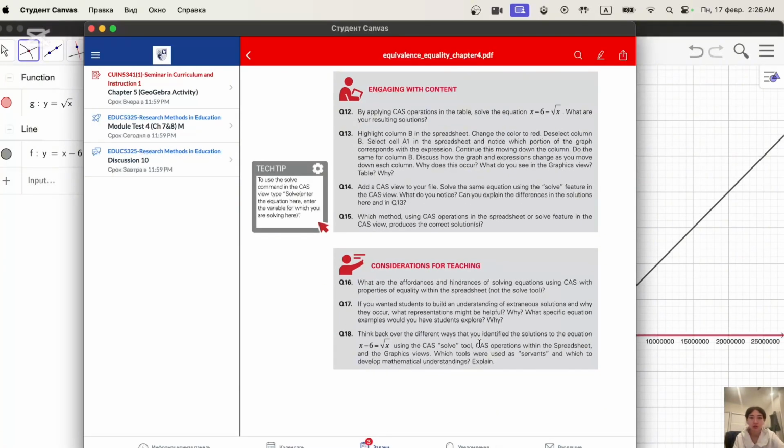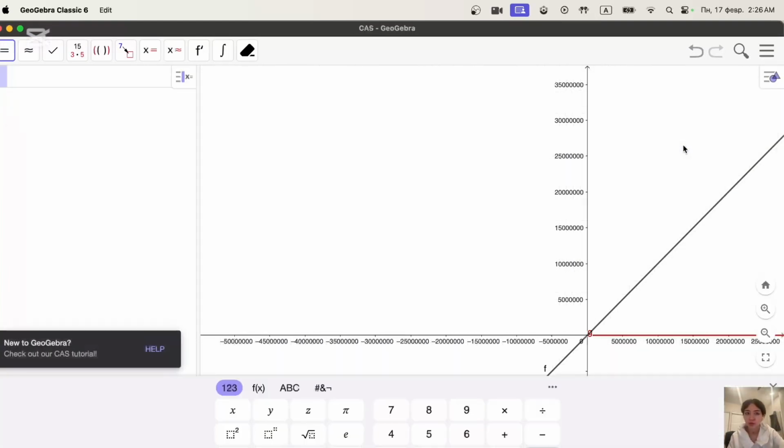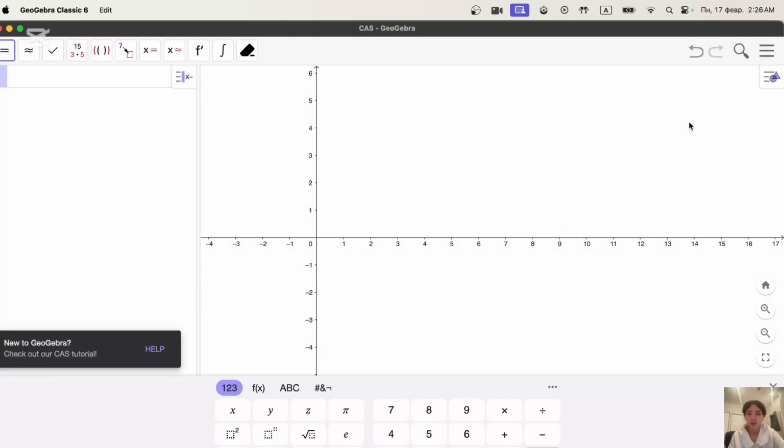Question 4. Now we solve the equation algebraically in the CAS view. Let's open CAS view, and enter the equation in CAS.